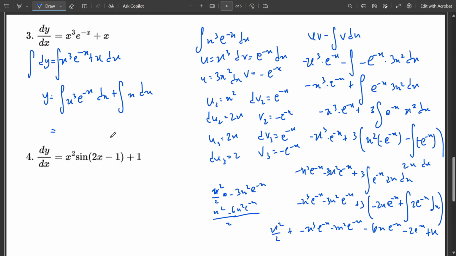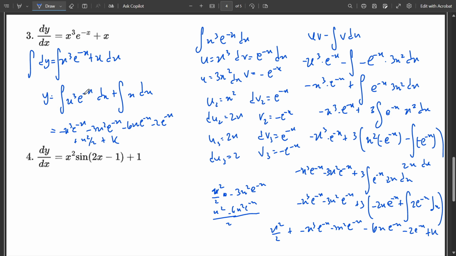And well, I believe we just put it, yeah, here. So we have, well, how about we just split them. So we have minus x cubed e to the negative x minus 3x squared e to the negative x minus 6x e to the negative x minus 2 e to the negative x plus x squared over 2 plus a constant.